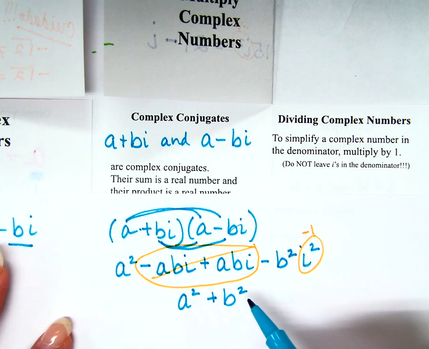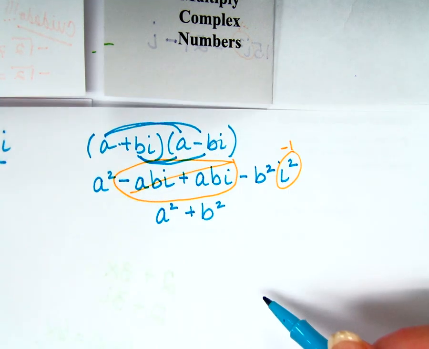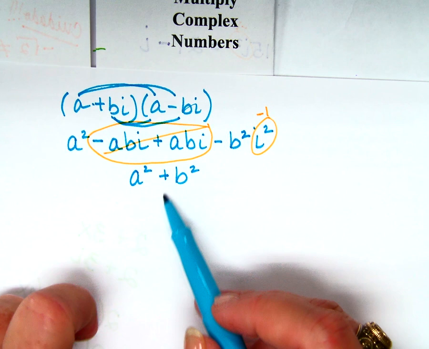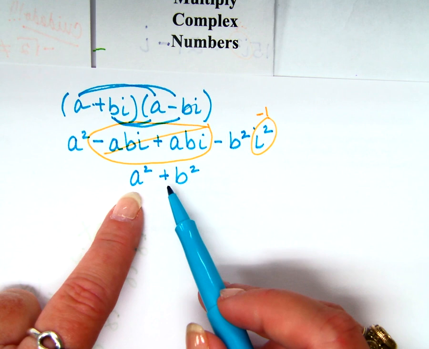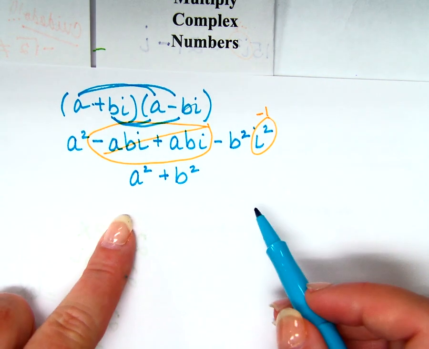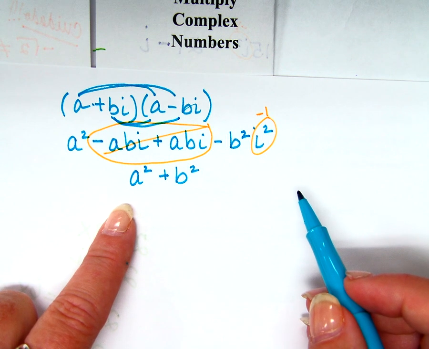That's plus, right? Now, can we take another quick commercial break? What is this also? The sum of squares. Remember when we were doing factoring, we said the sum of squares? What did we write when we had the sum of squares? Prime, because at the time we didn't know how to factor it.